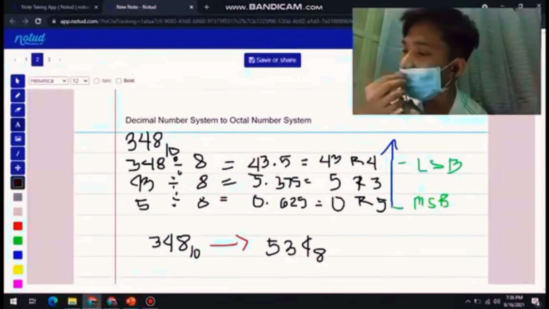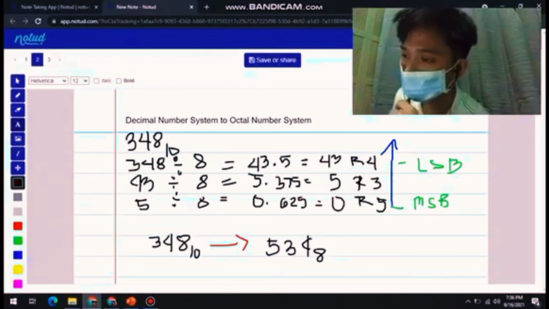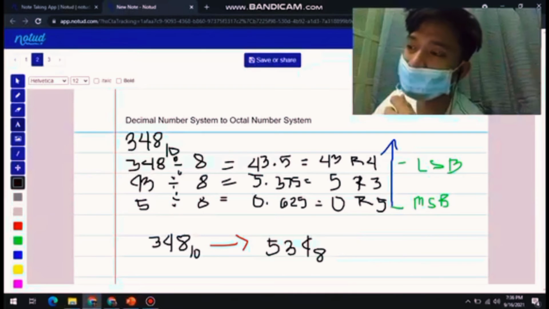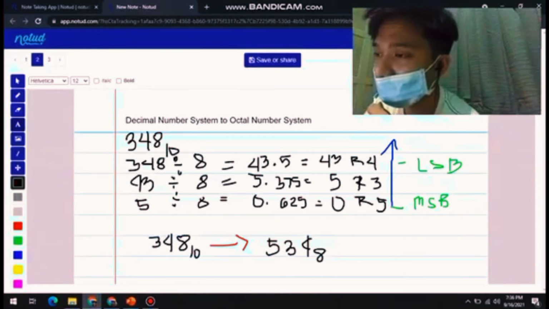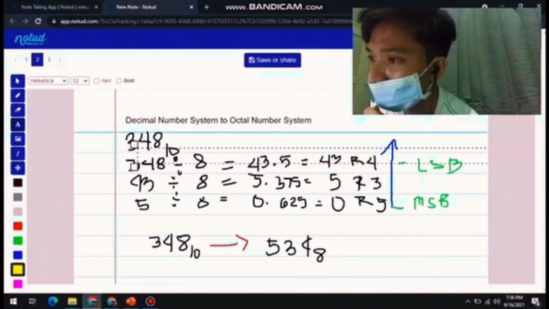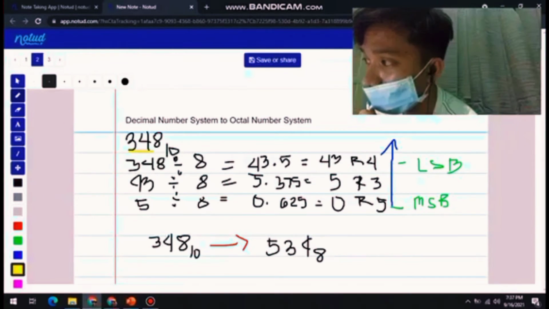Now, after the last conversion, let's convert the decimal number system to the octal number system. Let's say we have the number 348 with a subscript of 10.